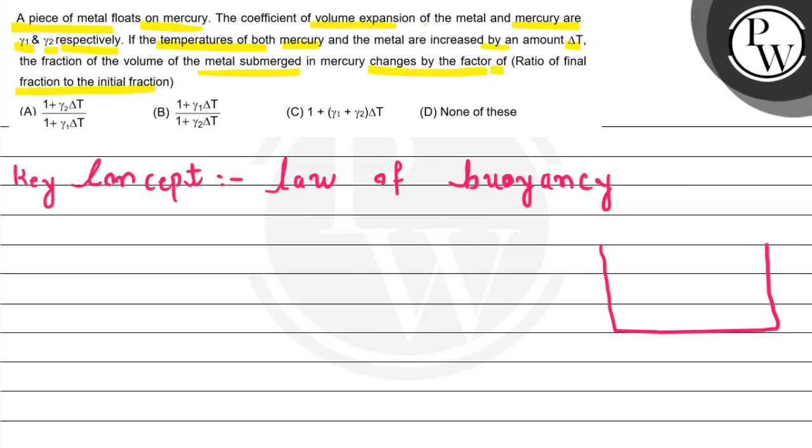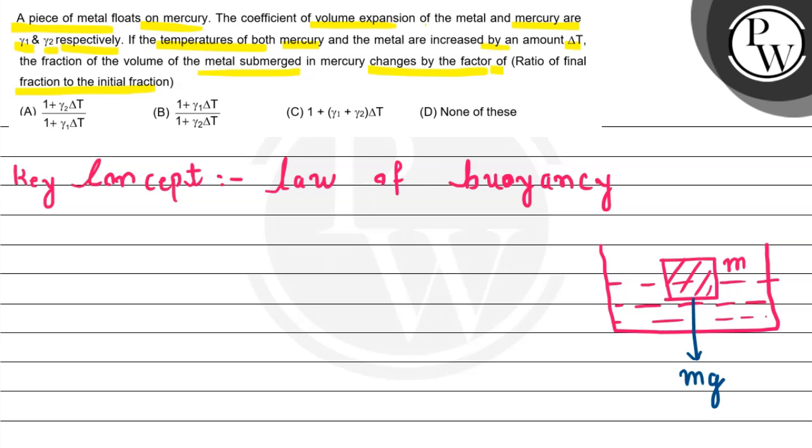I have a container in which mercury is filled. Here we have a piece of metal, okay, whose mass is equal to some m. So just because of the weight of the metal piece, the weight exerts in the downward direction, and it is generally given by m into g, where g is the acceleration due to gravity.